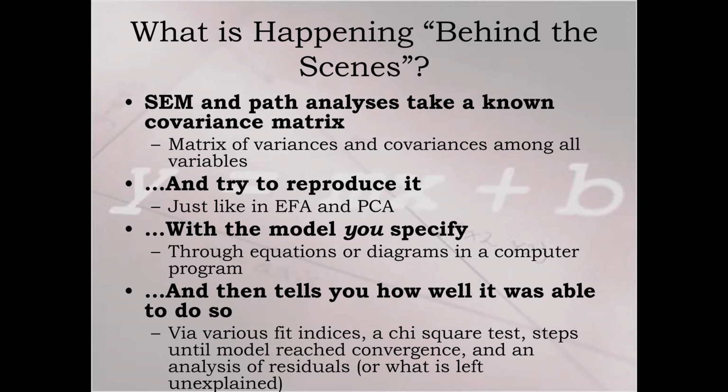Then, just like we saw in EFA and PCA, they try to reproduce that covariance matrix with a model that you specify. So when you do your equations or you draw your diagrams, you're basically telling the computer, or in this case R, the reason somebody has a turnover intention is because they have role ambiguity or role conflict or affective commitment.